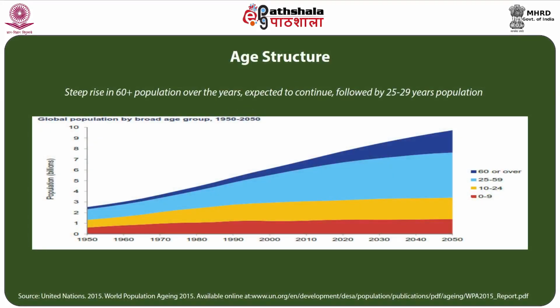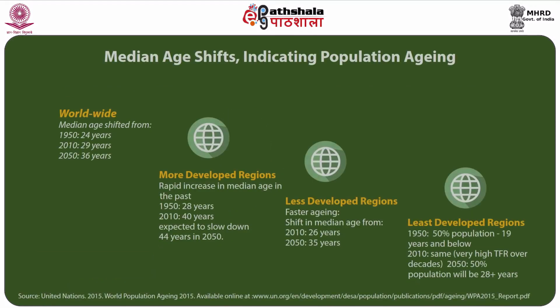If we look at the data related to different broad age groups, for instance, below 9 years, 10 to 24 years, 25 to 59 years, and above 60 years, these different age groups over a period of time clearly indicate that there is a steep rise in elderly population over the years, and it is expected to continue, followed by 25 to 29 years of young population, which indicates clearly that there is going to be a major shift in median age, clearly leading to population aging.